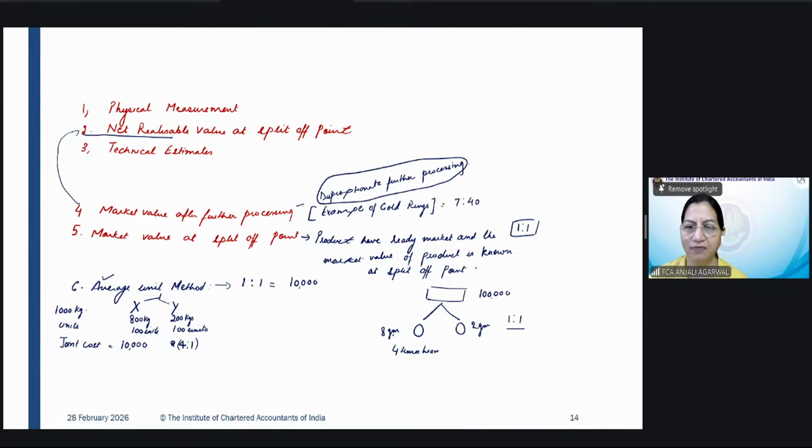No. Then physical measurement is better. 8 grams goes here, 2 grams goes here. Let's say 10 grams was the total gold. So the ratio should be 4:1. 80,000, 20,000. But if you use average unit method, it comes out to be 50-50, which is wrong here. So average unit method will be recommended where? When the physical content or the size or weight of all the units is more or less the same. Okay, so this is your average unit method.